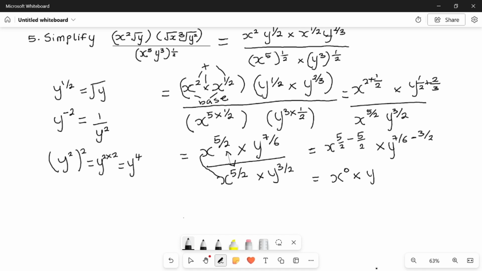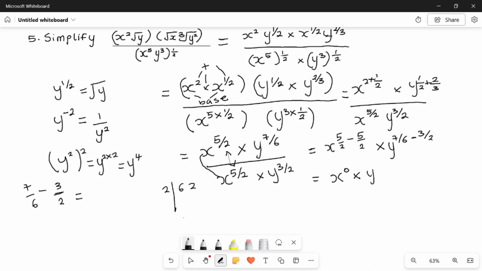Let's do it here. 7 over 6 minus 3 over 2. If we take the LCM like we did before, take the LCM, we have 6, we have 2.